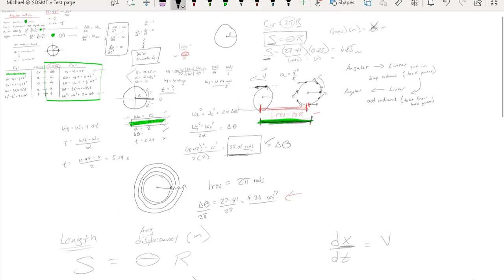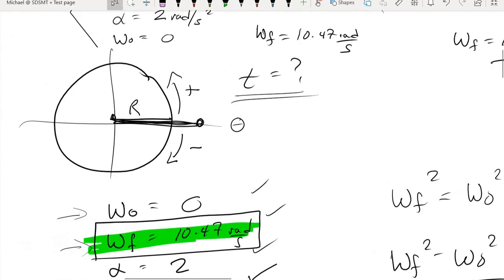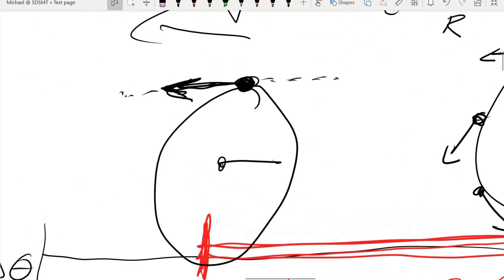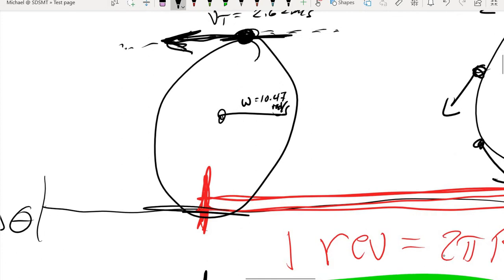That is the velocity at the rim of the tire when our angular velocity reaches the 10.47 radians per second that we talked about. Well, if that's the velocity at the rim of the tire, then how fast should the tire be traveling with respect to the road?